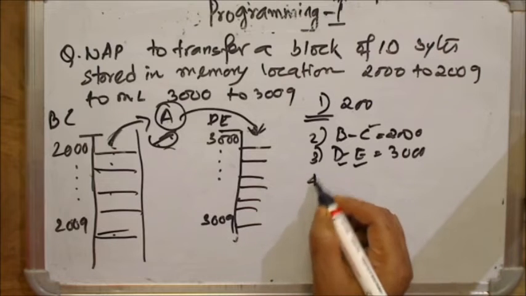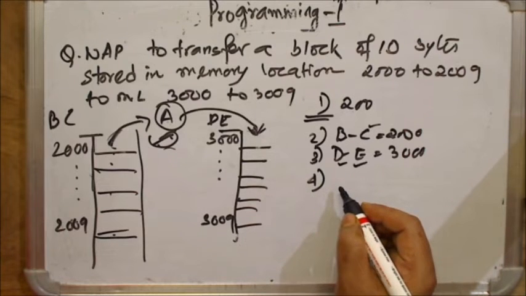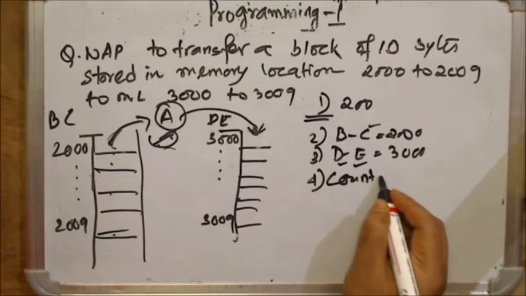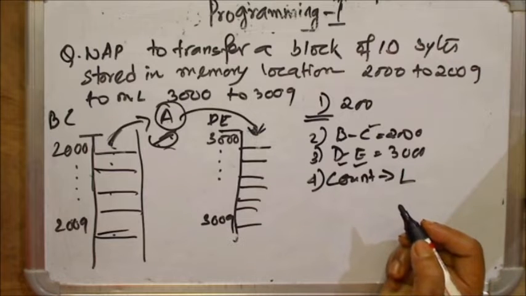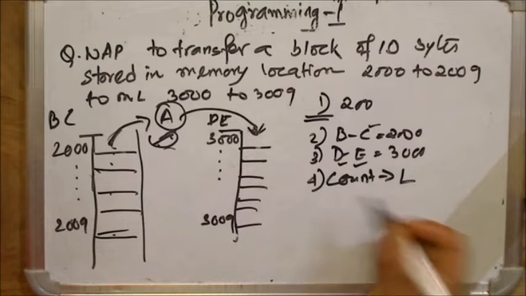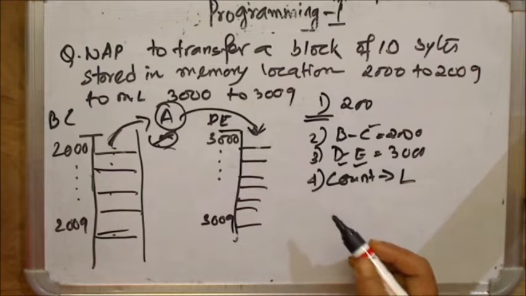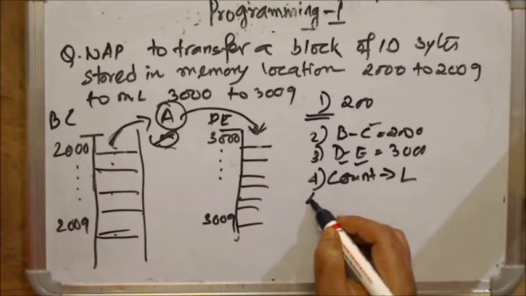So next, take the count into L. Initialize the count in L, because you have already used BC and DE, and you have to use the accumulator also, right? Then what is the fourth step?